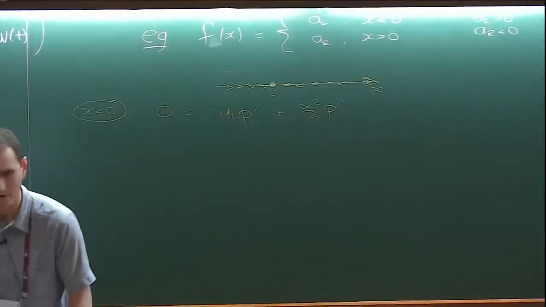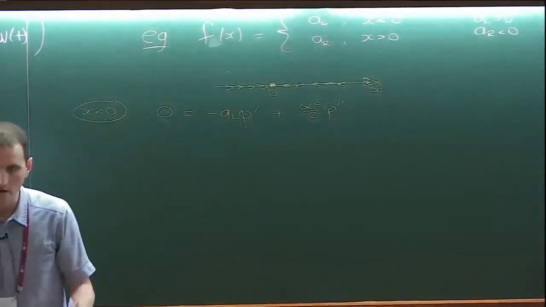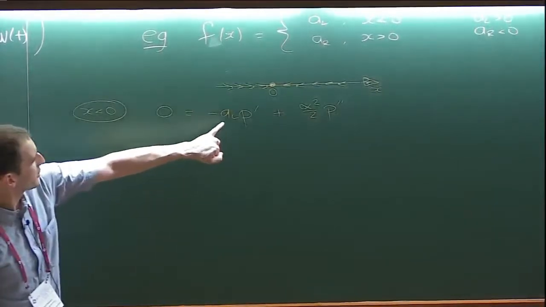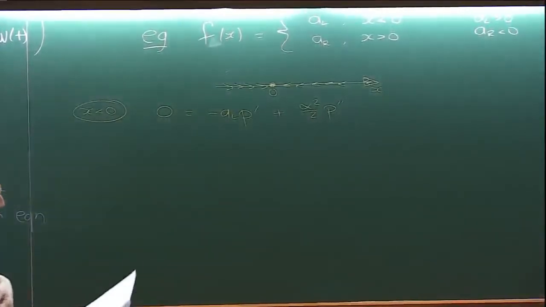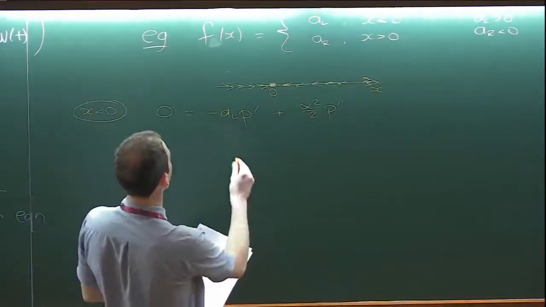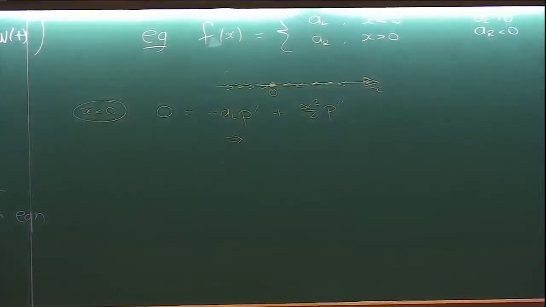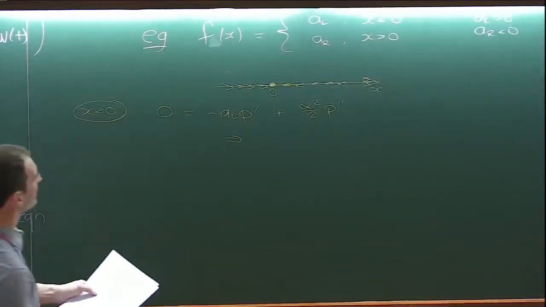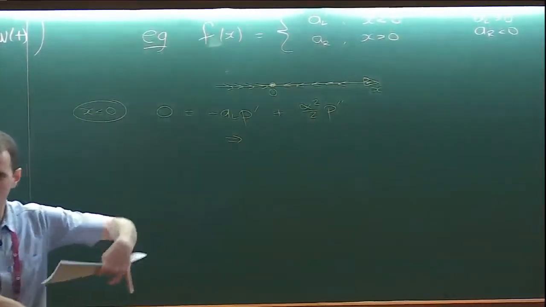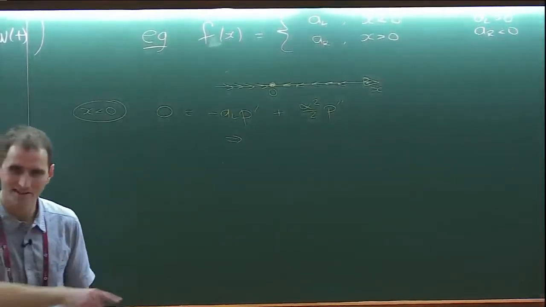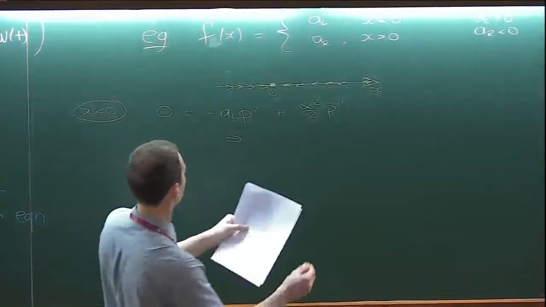Okay, so let's see if we can compute the steady state solution for this example. Start off with x negative. The function f is just the constant AL. This is a second order ODE. It's a linear ODE, and we know all about linear ODEs. I could reformulate it as a two-dimensional first order system with a 2 by 2 matrix, and compute the eigenvalues of the matrix.